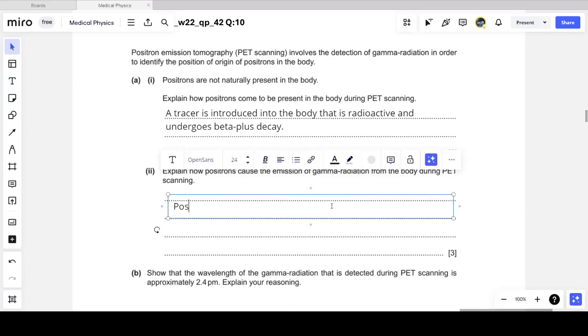And so what happens to the positrons is that the positrons will meet very quickly, actually, and they'll then annihilate. You can say destroy, that's fine. Annihilate is spelled A-N-N-I-H-I-L-A-T-E. They annihilate electrons in the body after a very short distance.